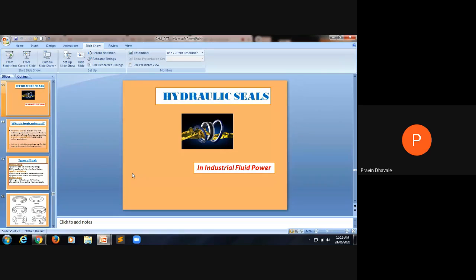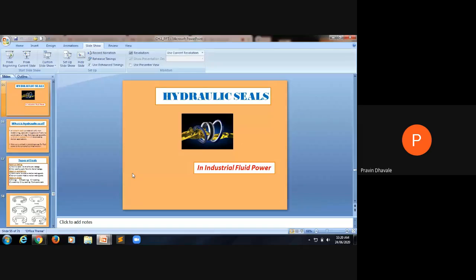It will increase the power usage of the system. At the same time, proper lubrication does not happen, so a rise in temperature also happens. It also causes environmental damage and safety hazard, right? These are certain disadvantages if leakage is obtained in any kind of hydraulic system.